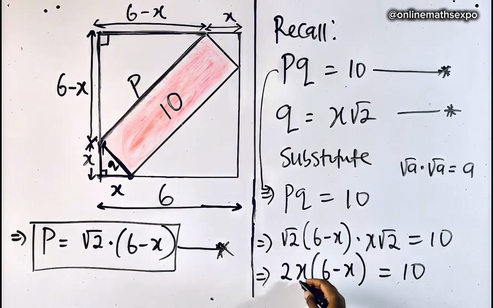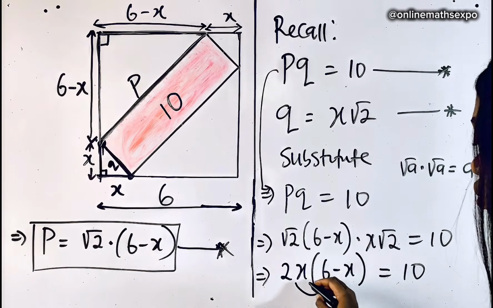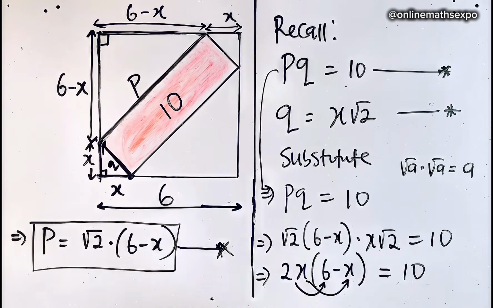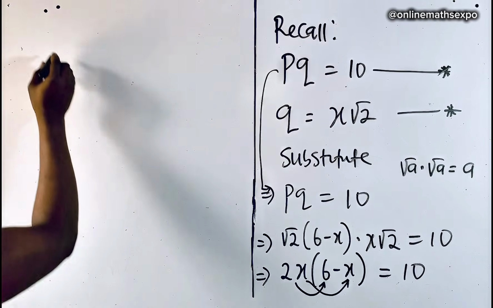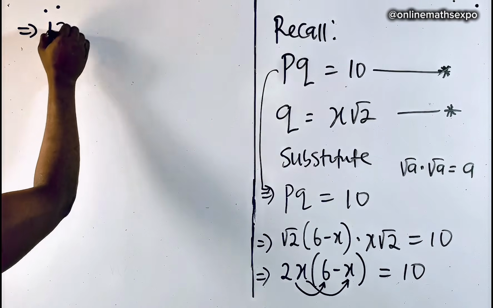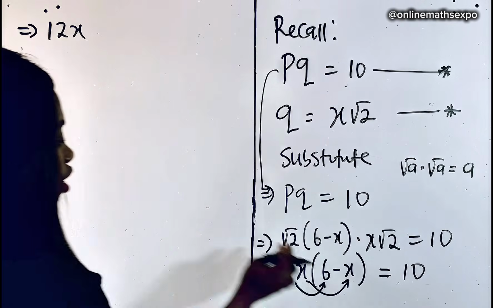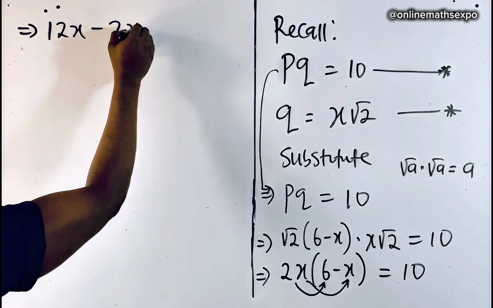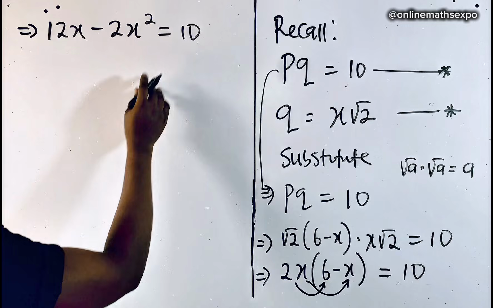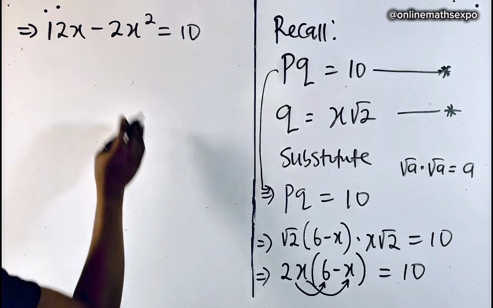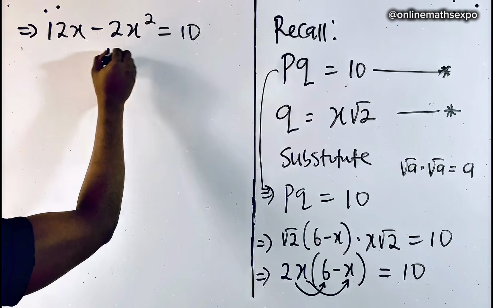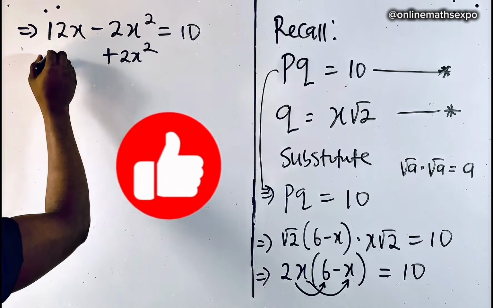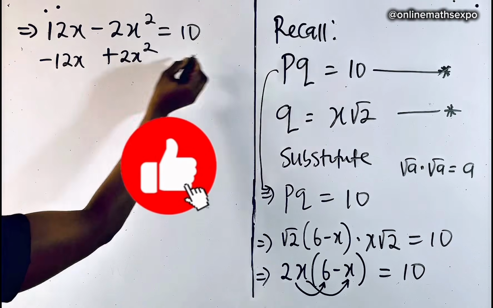And at this point, we are going to use this 2x to distribute into the bracket. Let's do that together. So multiply this times this gives us 12x. We have 12x. Multiply this, it gives us negative 2x squared is equal to 10. Now what do we do next? Let's take this to the right side of the equation. To do that, we add 2x squared, subtract 12x from both sides.